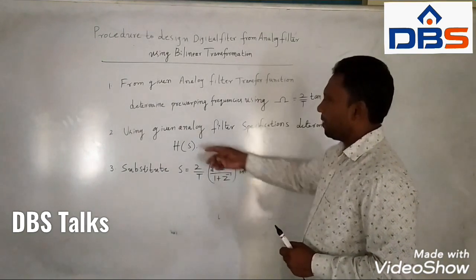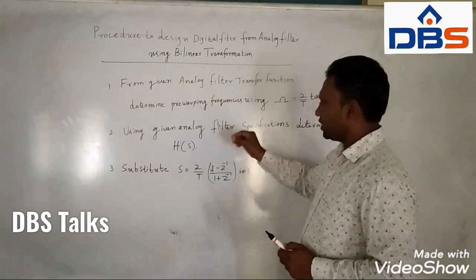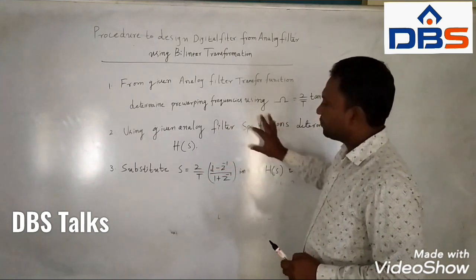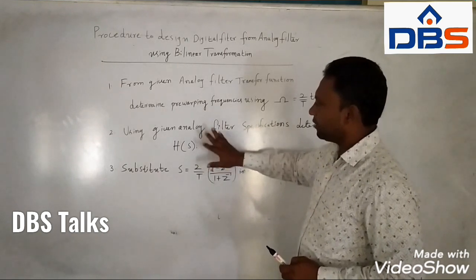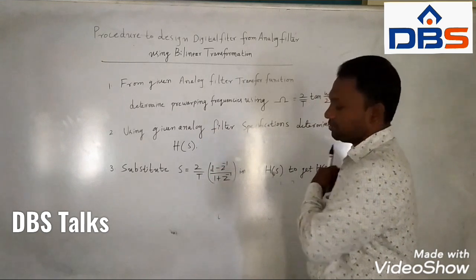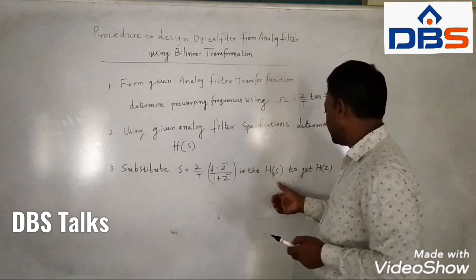After calculating H of S, which is a transfer function with some equations, just substitute 2 by T times 1 minus Z inverse by 1 plus Z inverse in the place of S, then you will get H of Z.